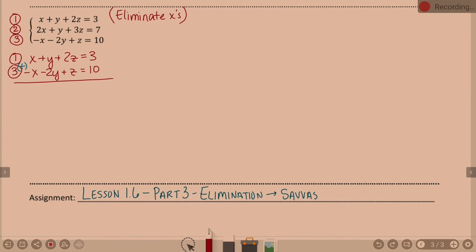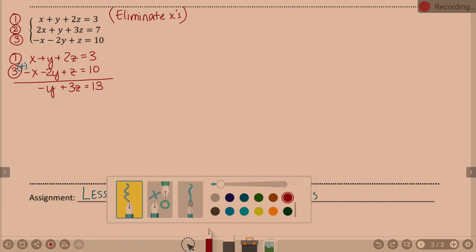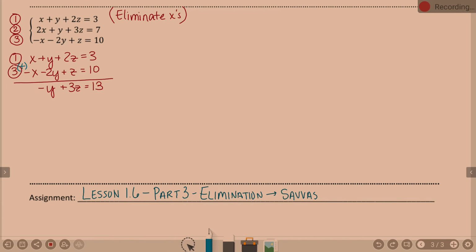X plus negative x cancels. Y plus negative 2y, negative y. 1 minus 2, negative 1. Okay, 2z plus z, 3z. And 3 plus 10? 13. What am I going to call this? I'm going to call this 4.